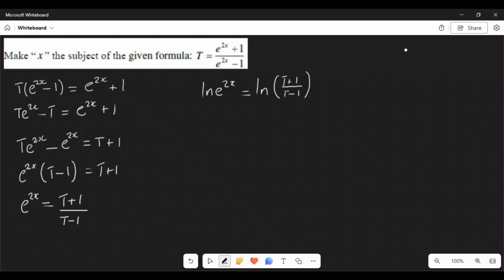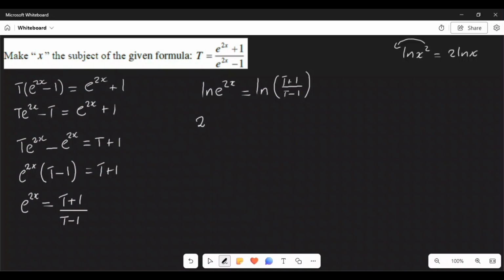When you have natural log of x to the power of 2, it is the same as 2 natural log x. This exponent comes to the front. Do not forget that. So we're going to use this rule here on our left hand side, and take this 2x to the front.